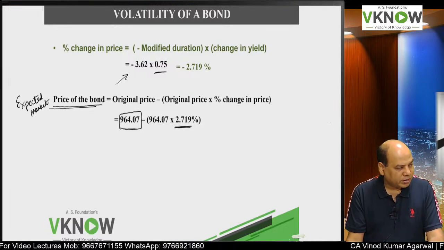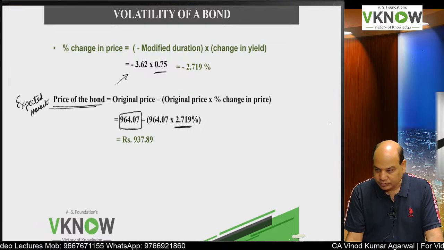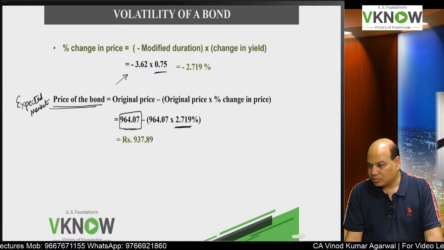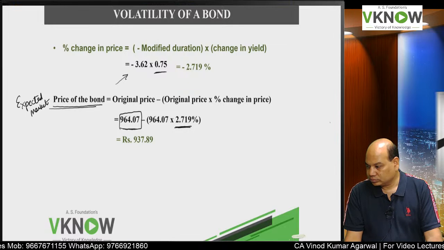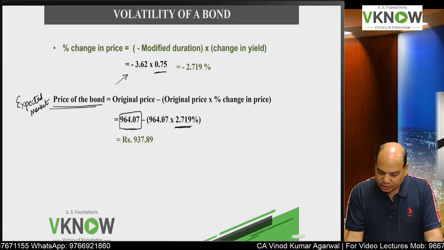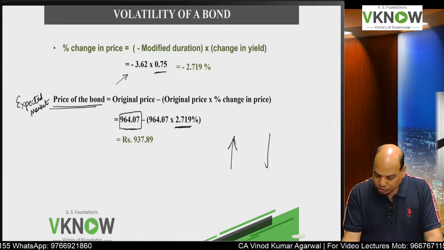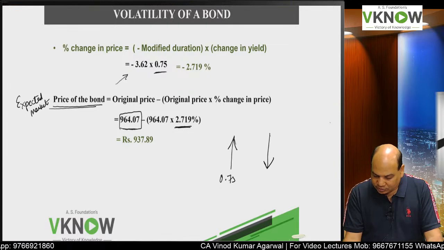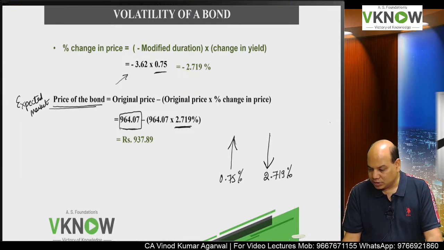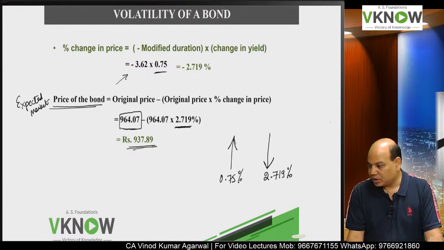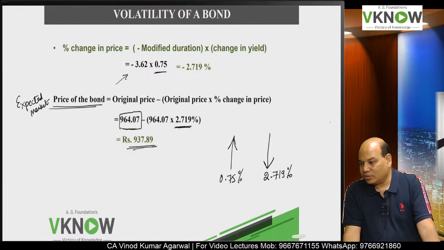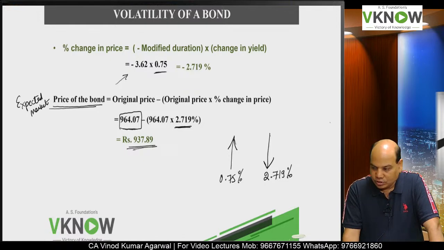So the approximate answer would be 937.89. So if the YTM increases, bond price will decrease. In this example, if YTM increases by 0.75%, bond price will decrease by 2.719%, and the new expected price will be 937.89. Okay.